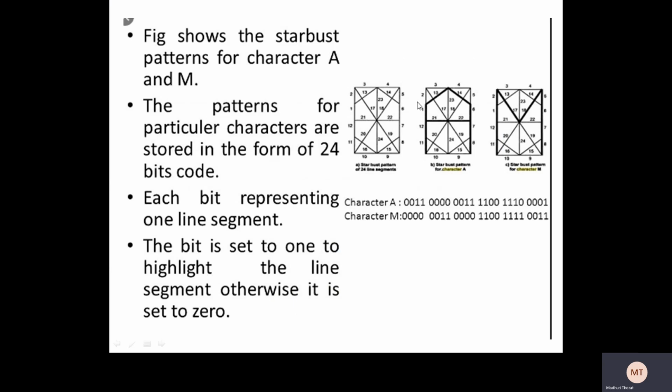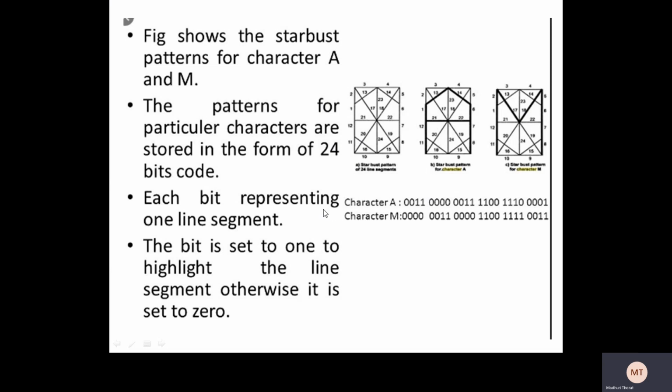Suppose we want to draw the letter M. See, this is the letter M. So we are highlighting only the required segments, and for the others we use 0. The figure shows the starburst pattern of character M, and the pattern for a particular character is stored in the form of a 24-bit code.